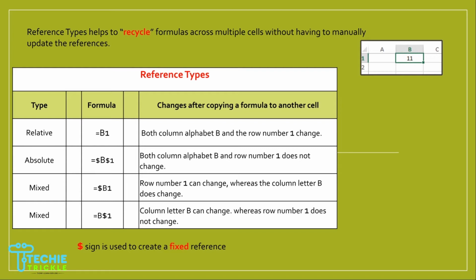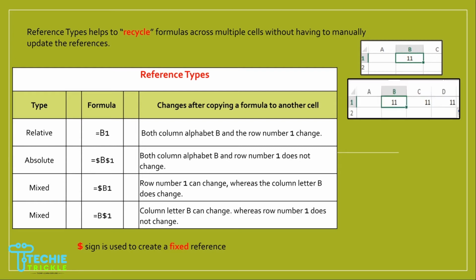So mind what I'm saying here: we are locking the values of both the column and the row. The next variant is a mixture of absolute and relative, absolute B, relative 1. What it means is we are locking the column B, but the row number can change.